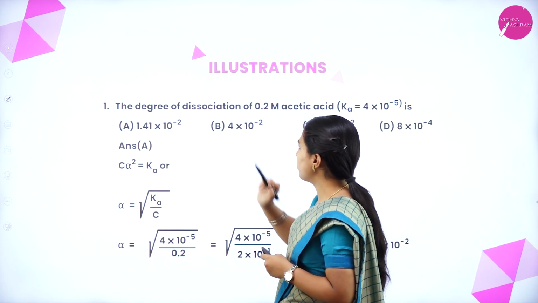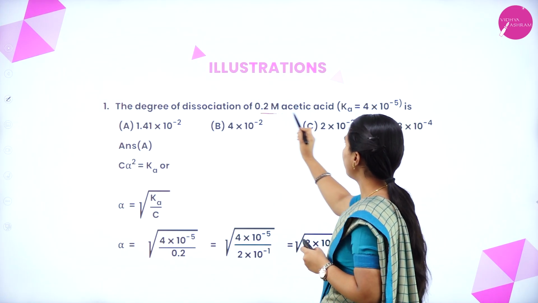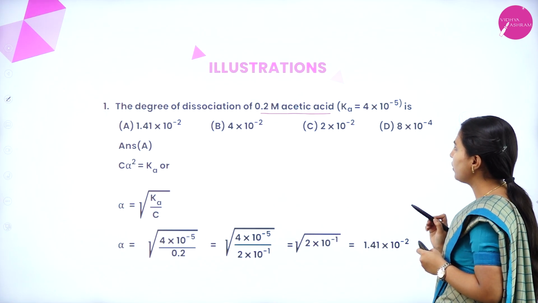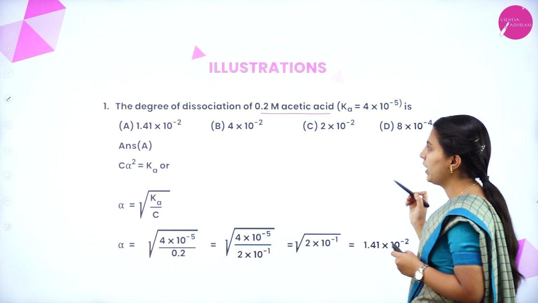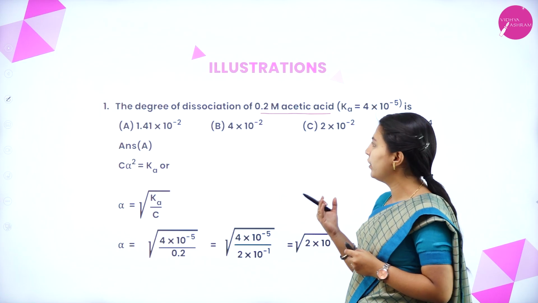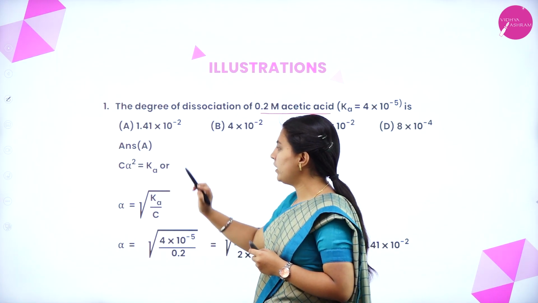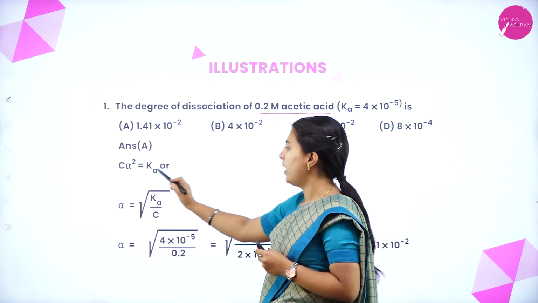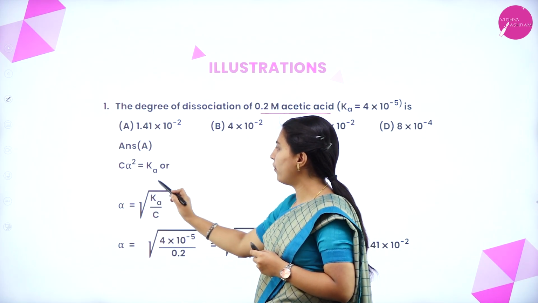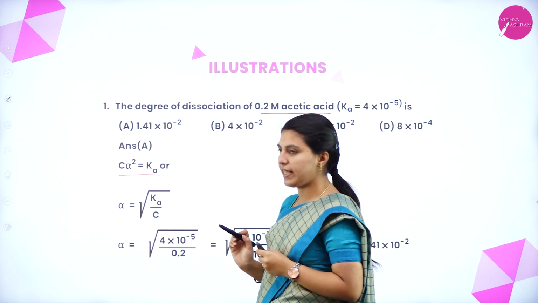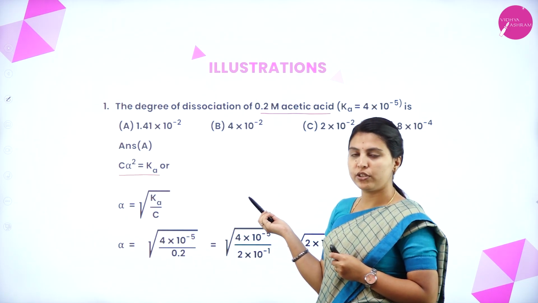What will be the degree of dissociation of 0.2 molar acetic acid, where Ka is 4 into 10 to the power of minus 5? We know that C alpha square equals Ka, or alpha equals root of Ka by C. This is the formula you should know for the dissociation constant of an acid.